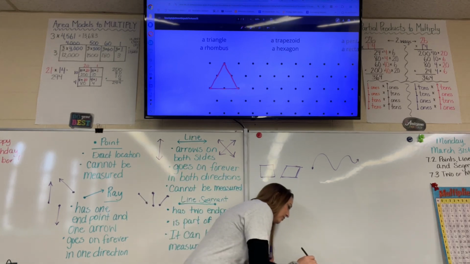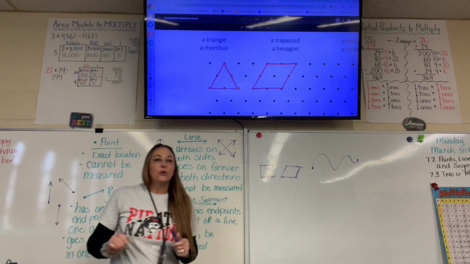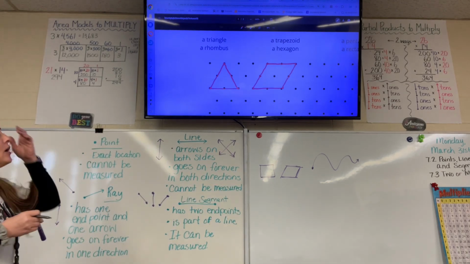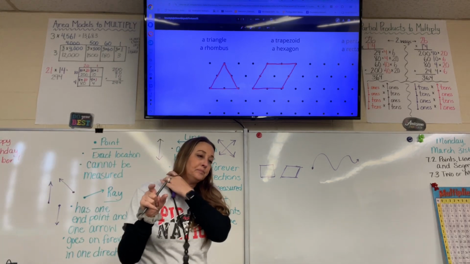For the rhombus, I'm going to do two line segments and these two line segments, and then connect the dots. So all four of those sides are the same length. They're two line segments long.